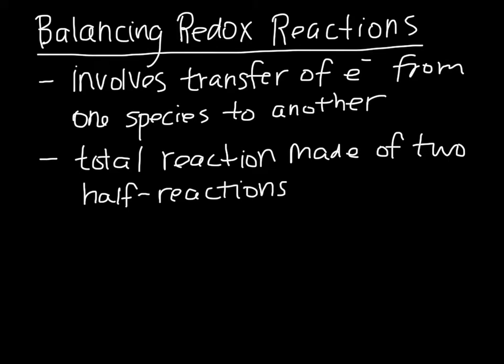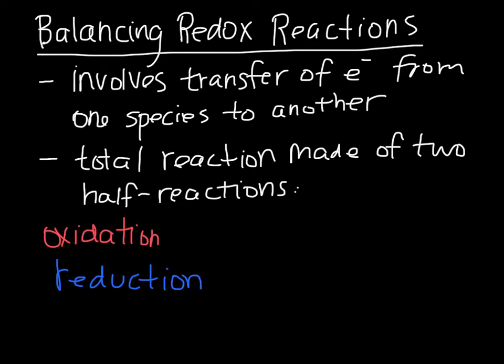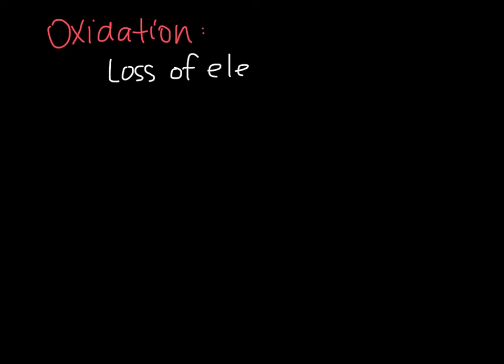These half reactions are known as oxidation and reduction. Let's take a look at how each of those half reactions looks. In an oxidation half reaction, we can describe oxidation in two ways, both as the loss of electrons or an increase in oxidation state.